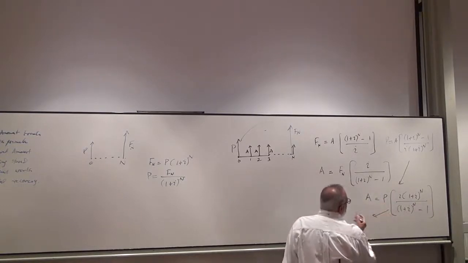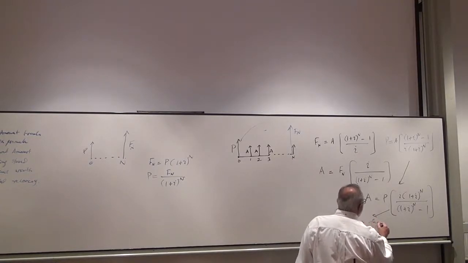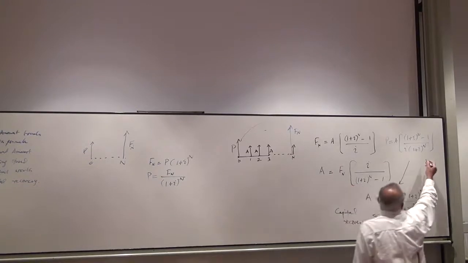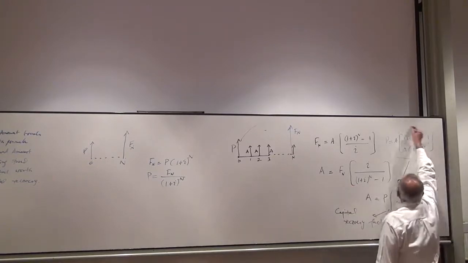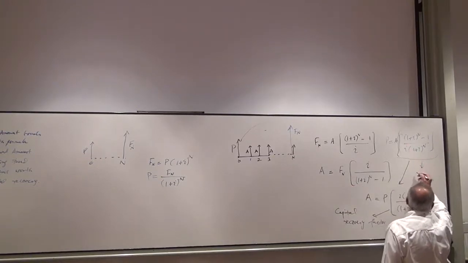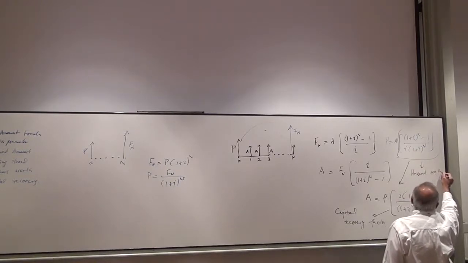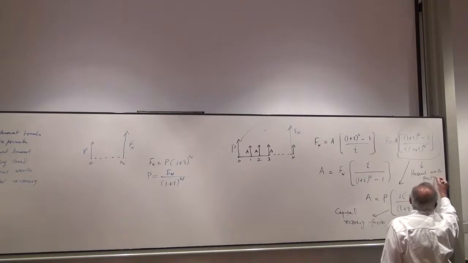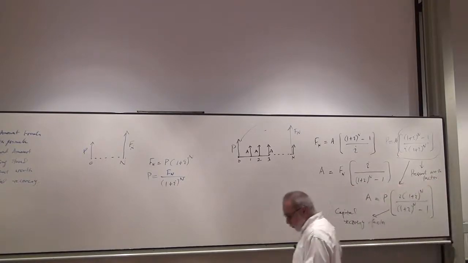This is called capital recovery factor. And this, within the bracket, is called present worth factor. These two formulas are quite useful.